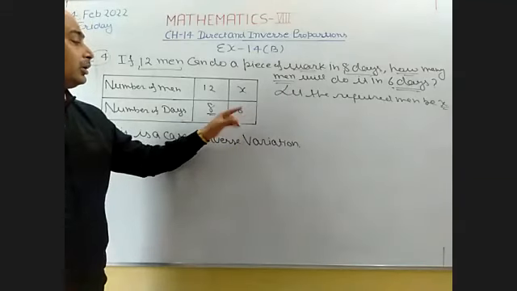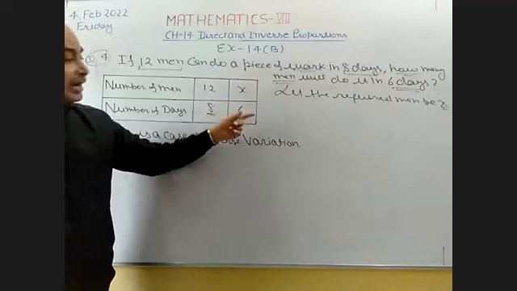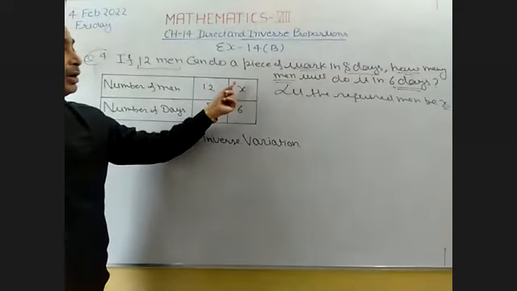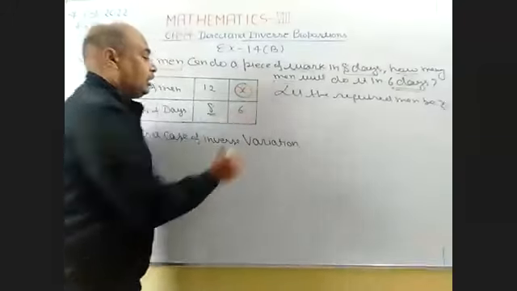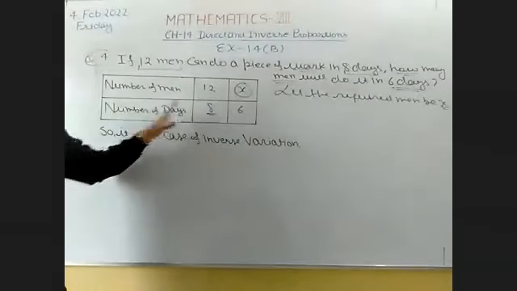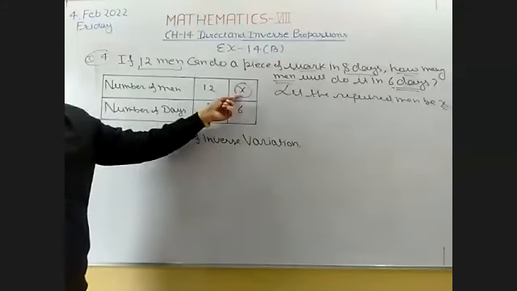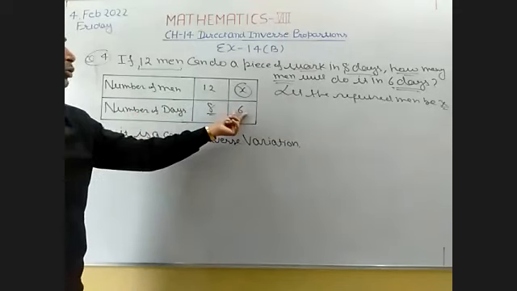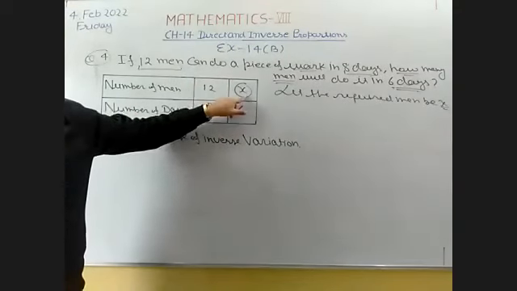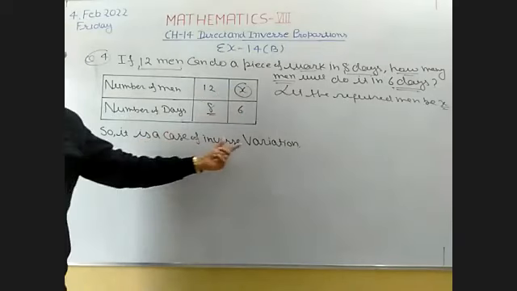It means when we reduce the days, we require more men. According to direct law, if we reduce the days, the men would also be reduced. But in this case, when we reduce the number of days, it requires more men, so this value is going to be increased. So this is the case of inverse relation.